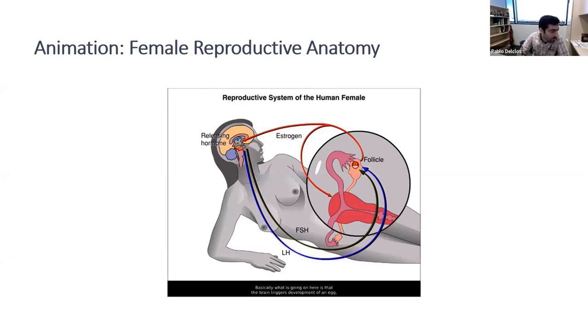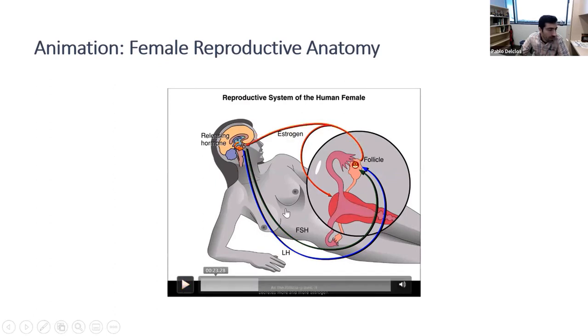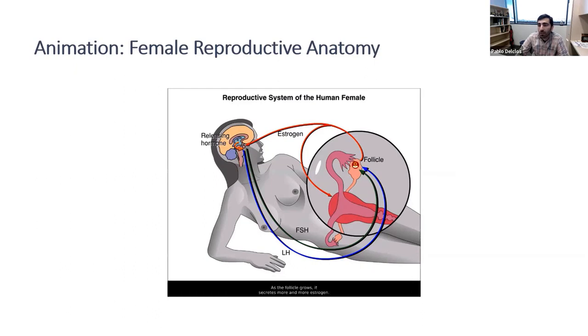Basically, what is going on here is that the brain triggers development of an egg, and the follicle containing the egg signals the uterus to prepare to support the development of an embryo. Negative feedback assures that only one follicle develops at a time. If you're not familiar with this term of negative feedback, all it's really meaning is that something inhibits something else instead of promoting greater production of it, which would be a positive feedback.